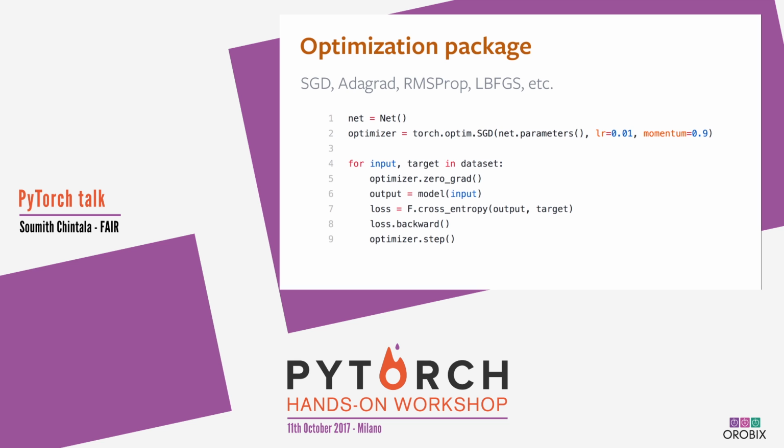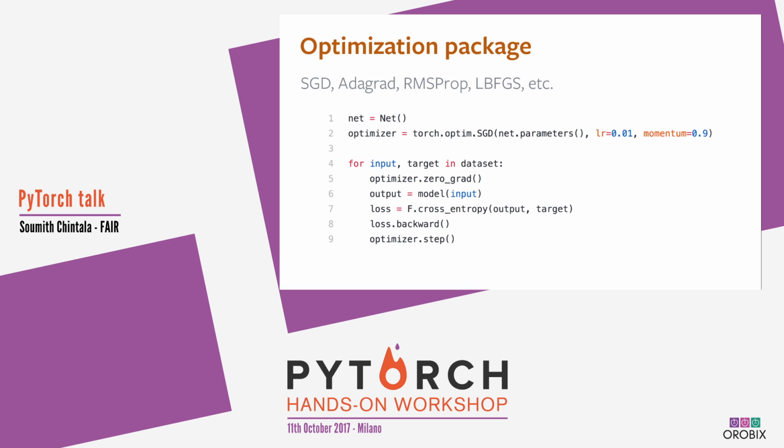The way you work is you create a network, an instantiation of your class, and then you create an optimizer. Here I'm creating an SGD optimizer, and to the optimizer you pass all of the learnable weights of your neural network, and then you can give additional options like learning rate and momentum and so on.